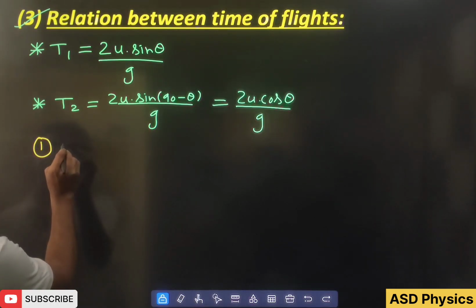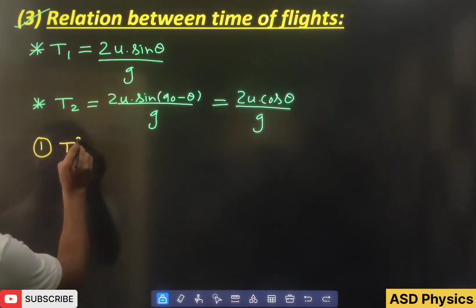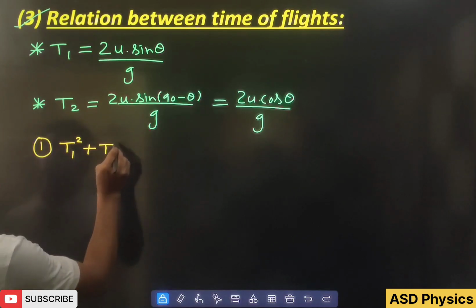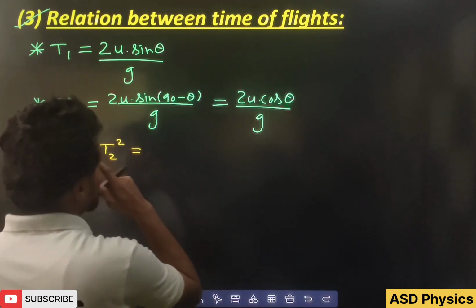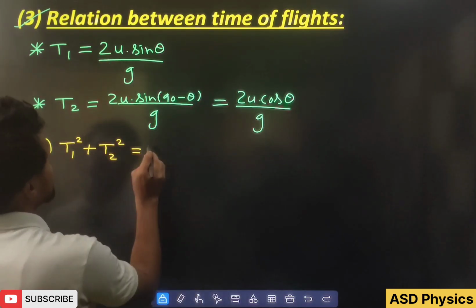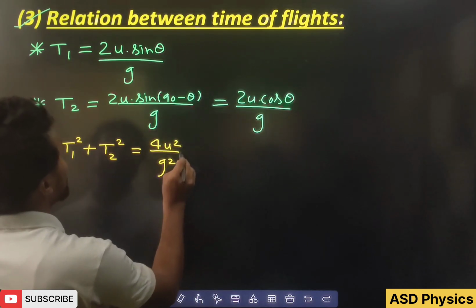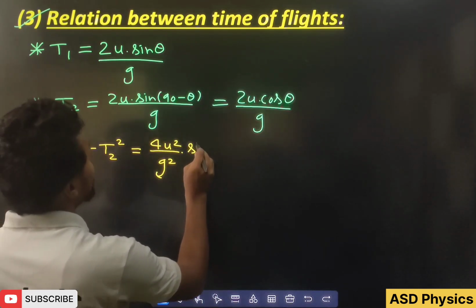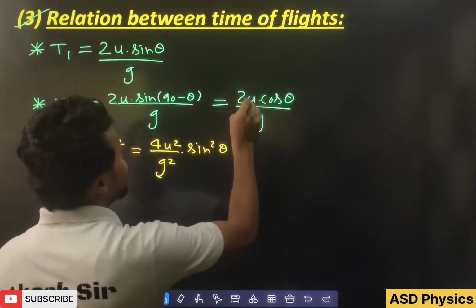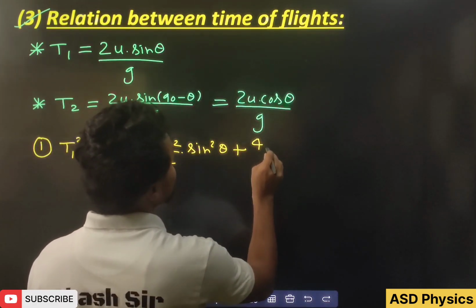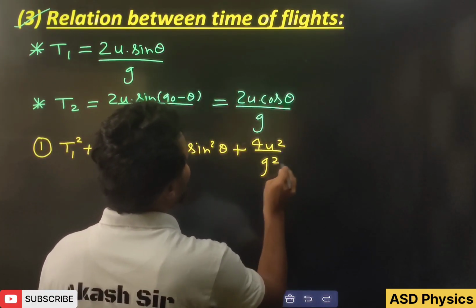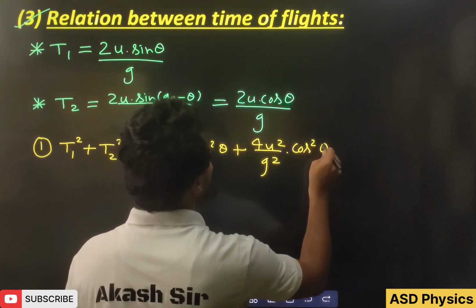First one, let's take T1 square plus T2 square. Just see here, taking the squares, it will become 4u square by g square into sine square theta. Here also, this will become 4u square by g square into cos square theta.